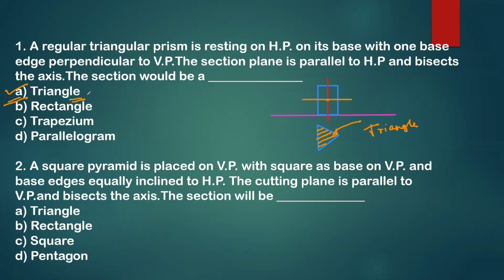It is a regular triangular prism resting on the HP, so the top view will be a triangle and the front view will be a rectangle, as it is a prism. The section plane is parallel to the HP and bisecting the axis, so the sectioned portion must be a triangle. That's why option A is correct: the triangle.